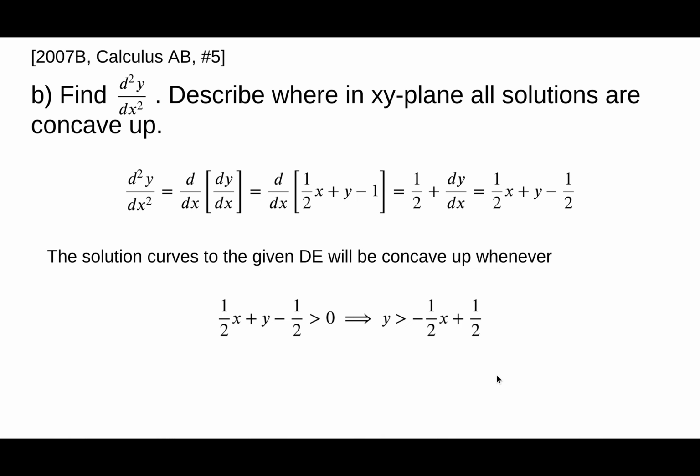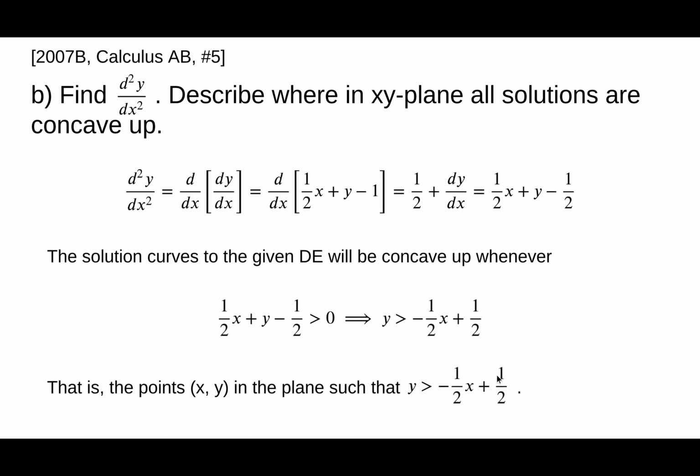That's a fairly easy linear inequality to solve. If we solve that for y, we get y is greater than -1/2 x plus 1/2. So the solution curves will all be concave up at any point (x, y) in the plane such that y is greater than -1/2 x plus 1/2.